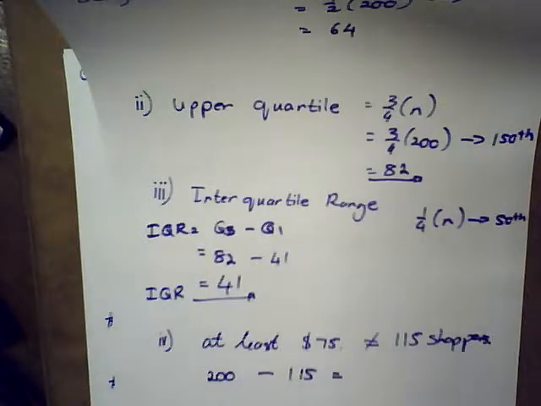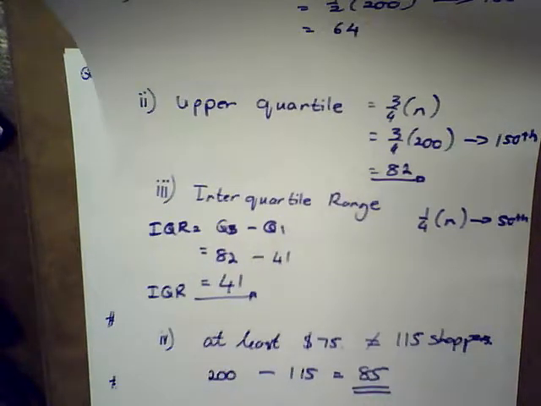That would give me the amount that spent more than $75. So 200 minus 115, and that would give us 85. That's much better. So 85 shoppers have spent at least $75.